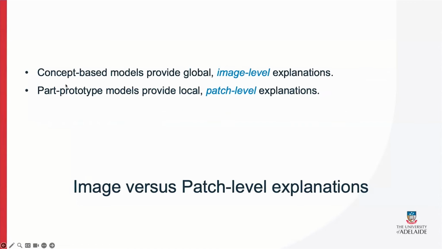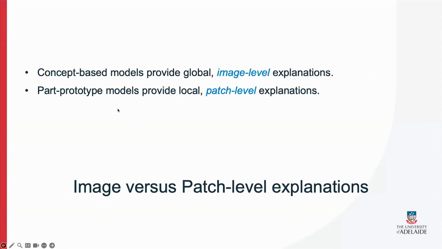However, concept-based models only provide image-level explanation. We know that given an image, the associated concept of this image supports the prediction, but we don't know exactly where the concept occurs on the image.